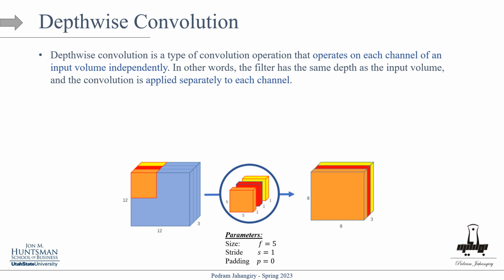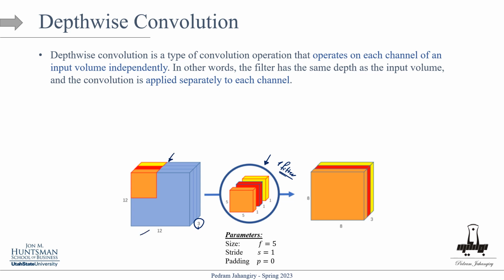So here we have a 12 by 12 by 3, so let's say RGB channels, and now we are going to use one filter. See, this is one filter. However, this filter has 3 channels, so the number of channels of the filter is the same as the number of channels of the input layer, right?